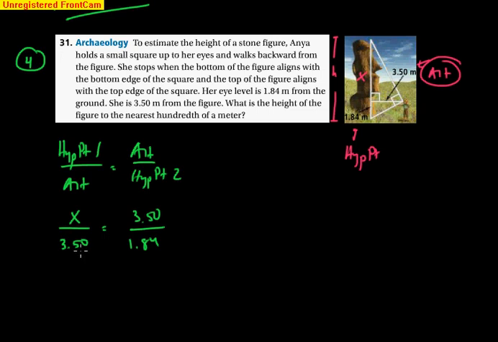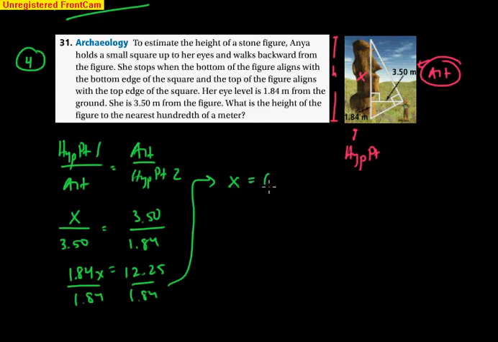We're going to cross multiply, and we'll get 1.84x equals 12.25. And then we'll divide by 1.84. And we get, we're going to round to 2 decimal places, so x is 6.66, and that's in meters.